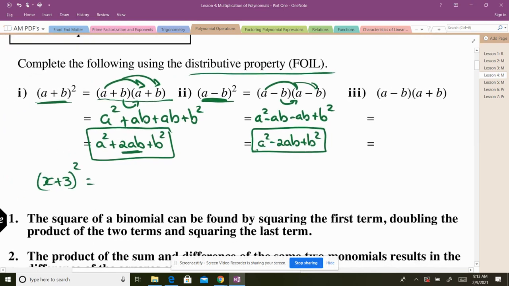you can, without expanding it, just write the answer. So there's my a, there's my b. a squared, so that's just x squared. b squared, what's 3 squared? 9, that goes right at the end.